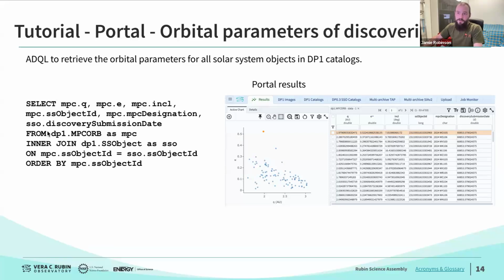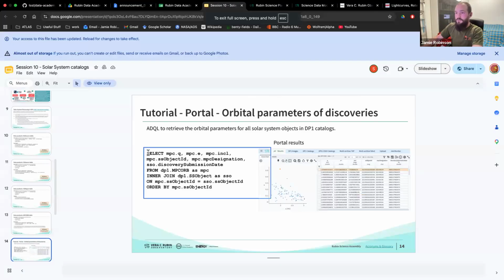They come from MPC, which is in this case the MPC orb table, but especially with solar system objects, as you saw from the 4 main catalogs that we're using, you will probably have to join catalogs together to get all your data together. So in this example query, we're joining MPC orb to SS object in order to look at the orbital parameters of this data. So I will just select this while I'm on it.